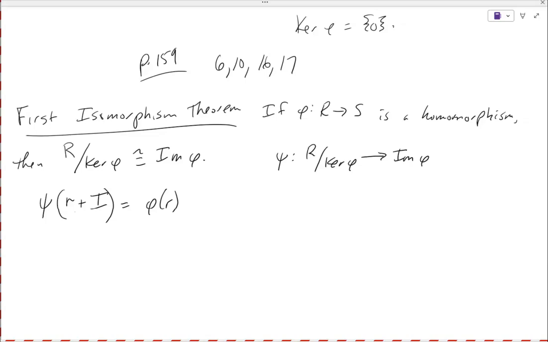I'm taking a function on a coset and defining its output in terms of the coset representative. What I have to make sure I don't do is define something that's not actually a function. I might have two different things that represent the same coset, so I got to make sure that it has the exact same output when I'm done, right? For example, we talked about this a little bit ago.